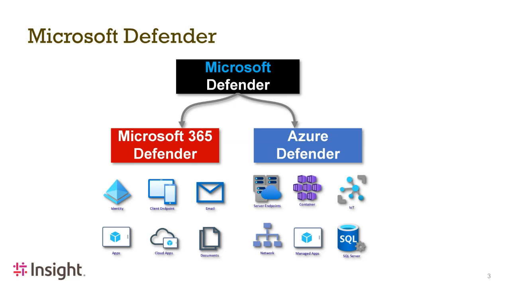Now Microsoft is unifying the branding of this technology under the Microsoft Defender brand. Under this umbrella, on one hand, Microsoft 365 Defender protects the user environment, and on the other hand, Azure Defender provides cloud workload and infrastructure protection.